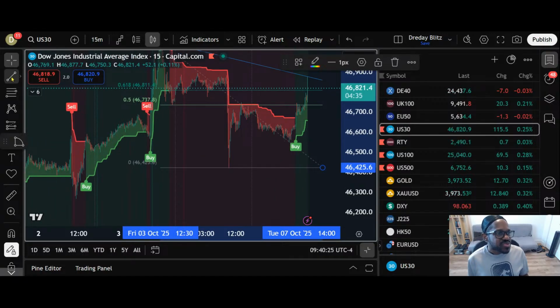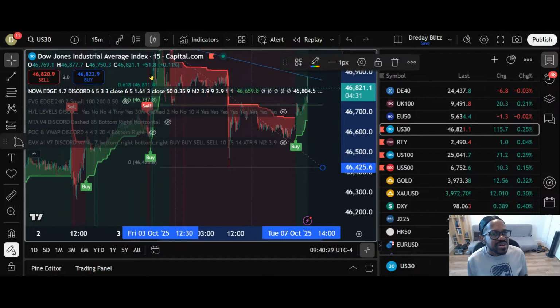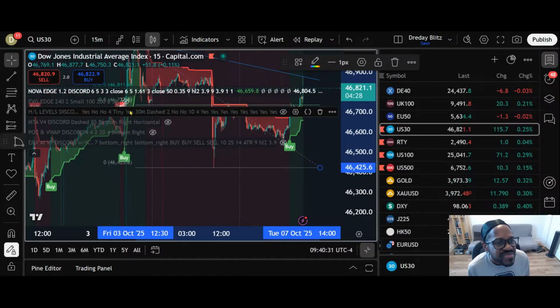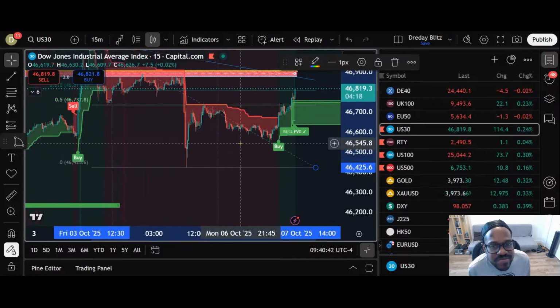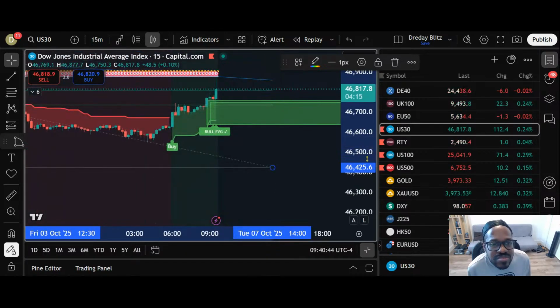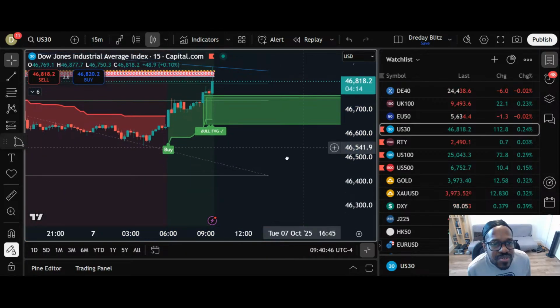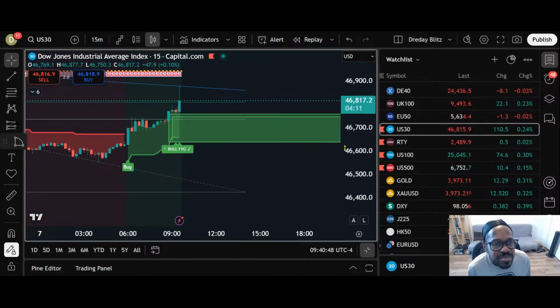And also, on the FVG, fair value gap, we have a bullish fair value gap that is created, but it may fail.